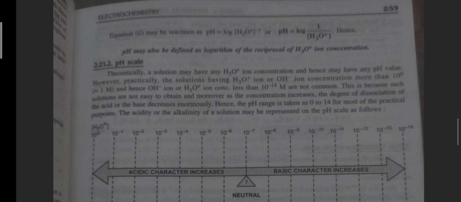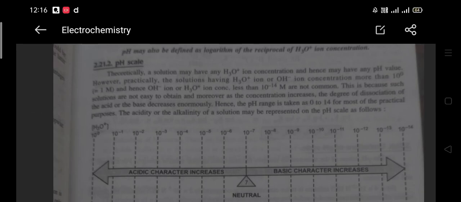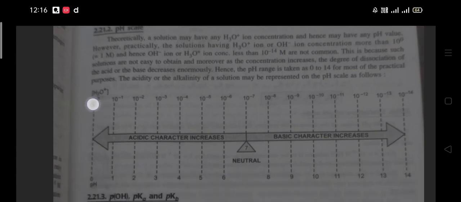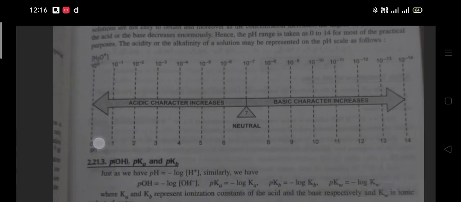This is because such solutions are not easy to obtain, and moreover, as the concentration increases, the degree of dissociation of the acid or the base decreases. Hence, the pH range is taken as 0 to 14 for most practical purposes. The acidity or the basicity of a solution may be represented on the basis of the pH scale as shown.